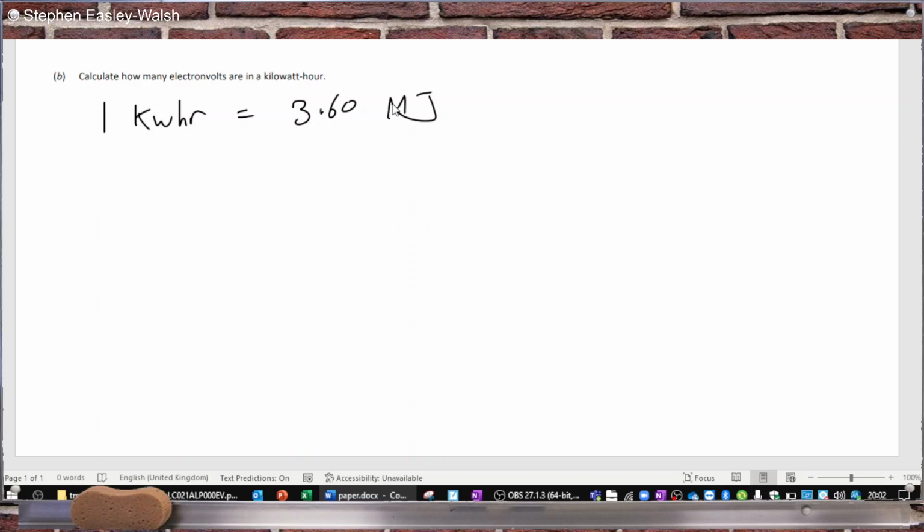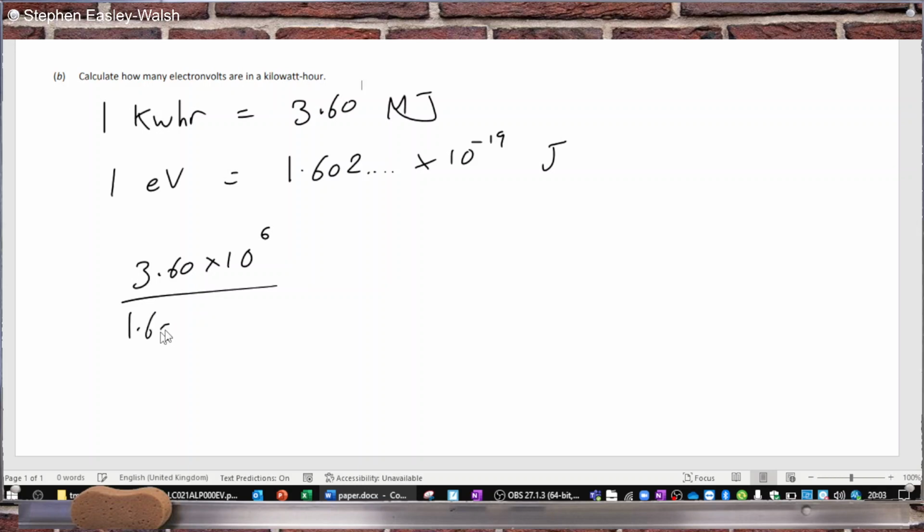I also know that 1 electron volt is equal to, now let me get the constant up, 1.602 etc times 10 to the minus 19 joules. So how many of these are in one of those? It's going to be a lot. So it's 3.60 times 10 to the 6 over 1.602 times 10 to the minus 19.